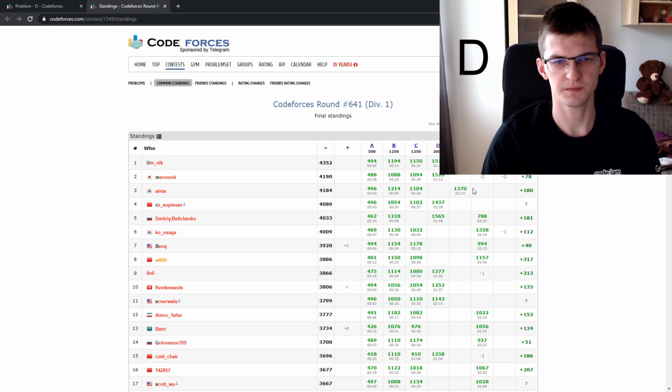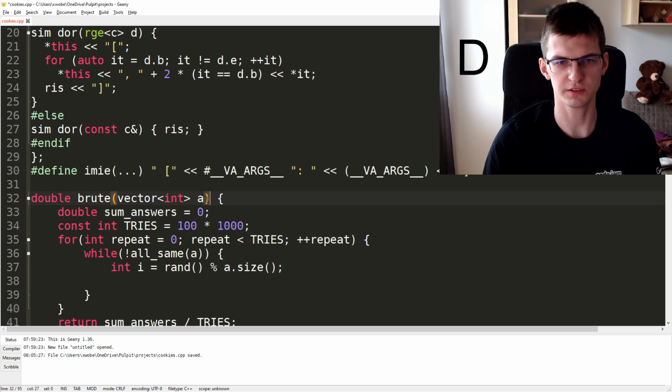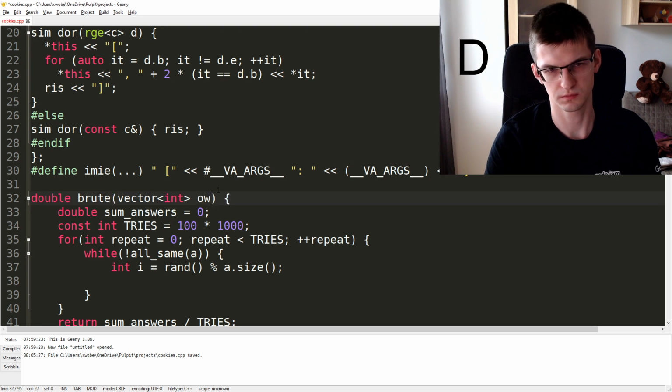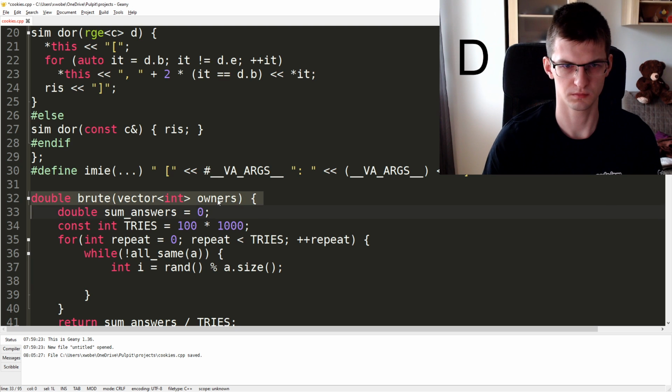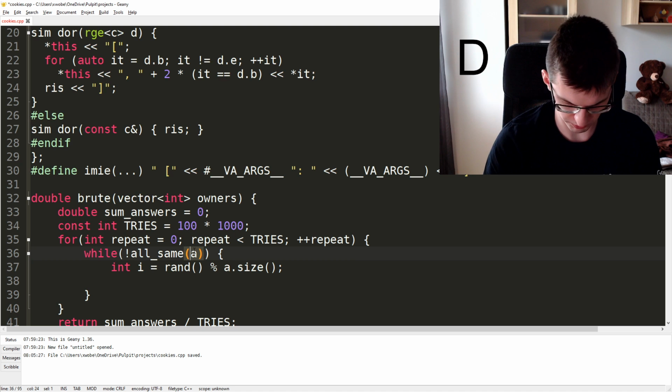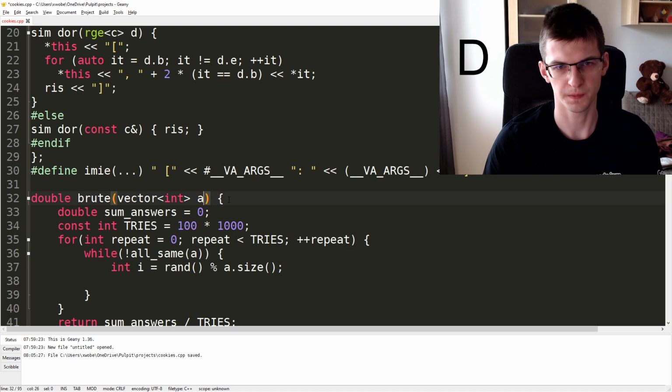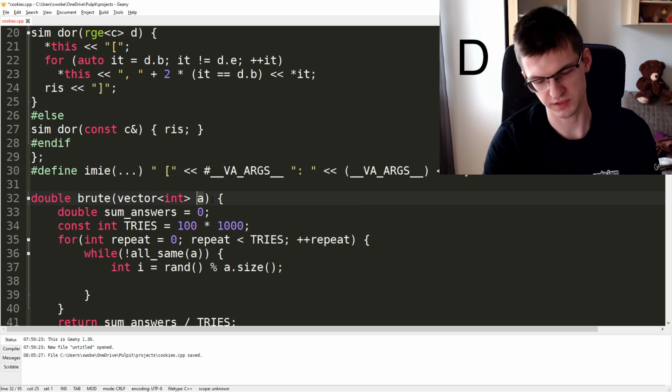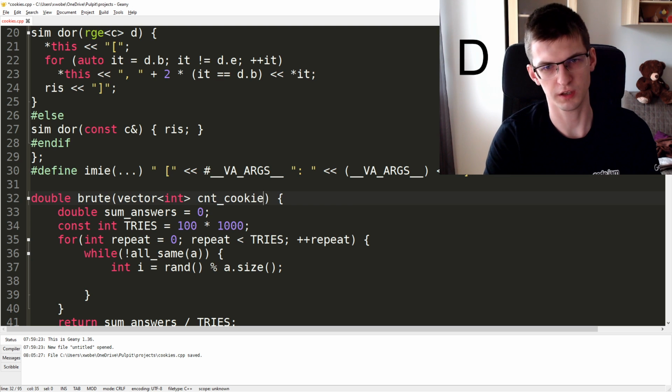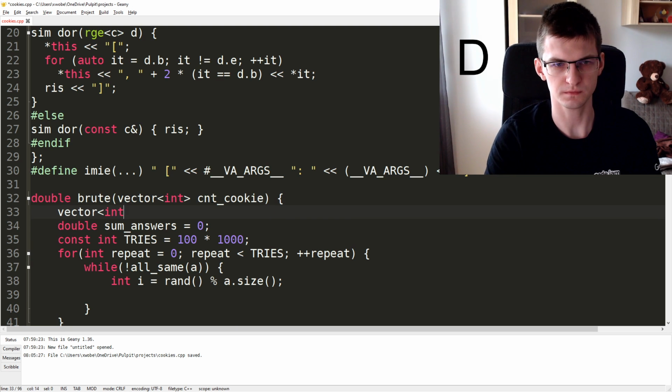The input is, I want this to be a sequence of owners. I think that will be easier to work with, or not, or it won't be. No, it won't be. So this is count cookie owner.